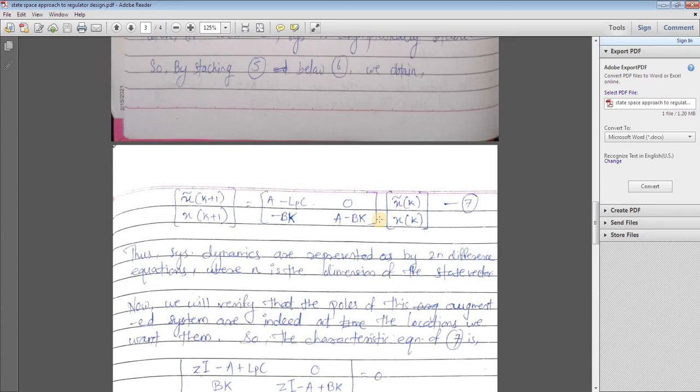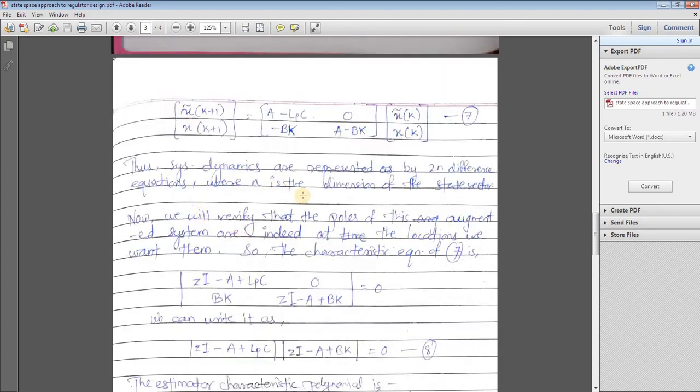So there is a trade-off in not measuring the states of the system, so that we have to deal with larger dimensional systems. In the next step we will verify that the poles of this augmented system are indeed at the locations we want them to be.